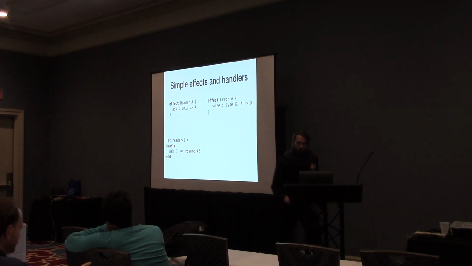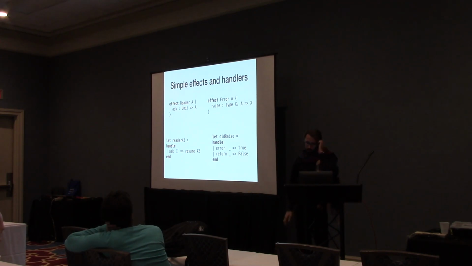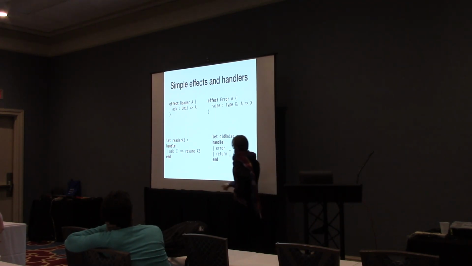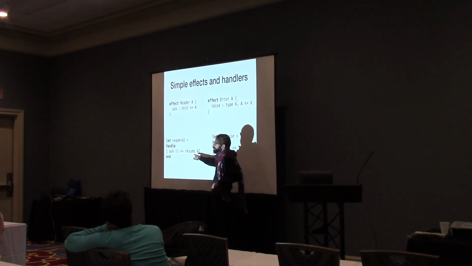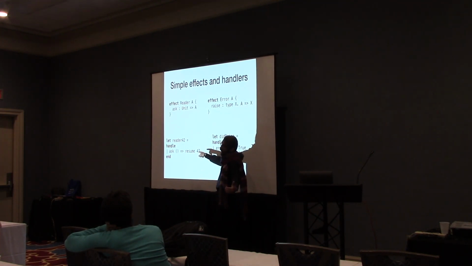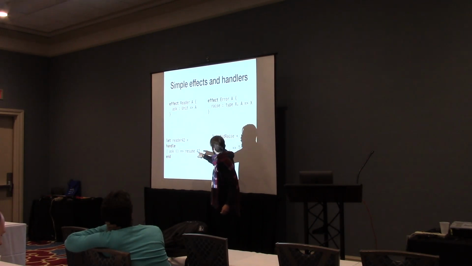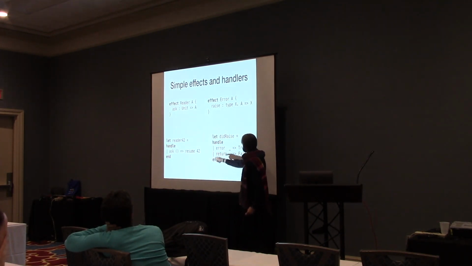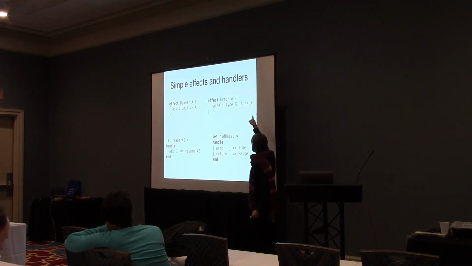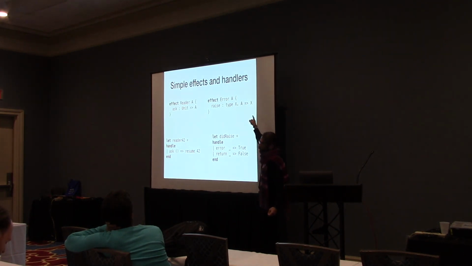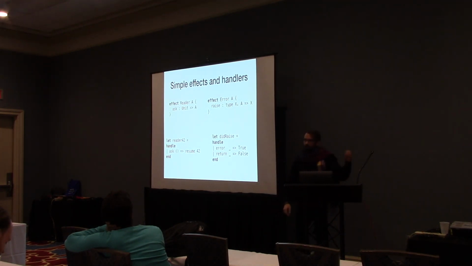And this means that the handler cannot resume, like the handler for the reader did. It cannot give back to the call site, to the place that asked for the value. It cannot give back a 42 or anything else, because this is a universally quantified type. So this is basically for all x's.